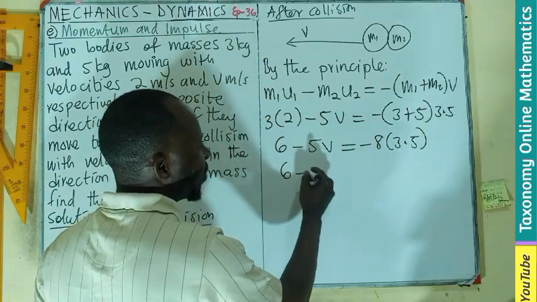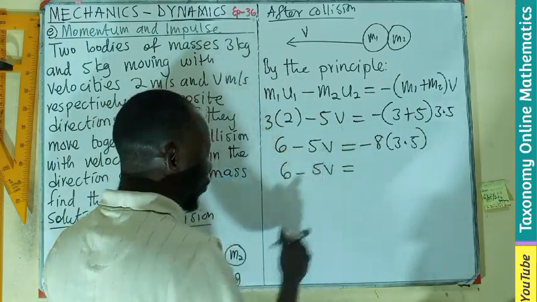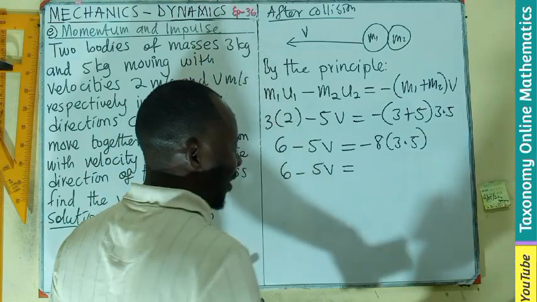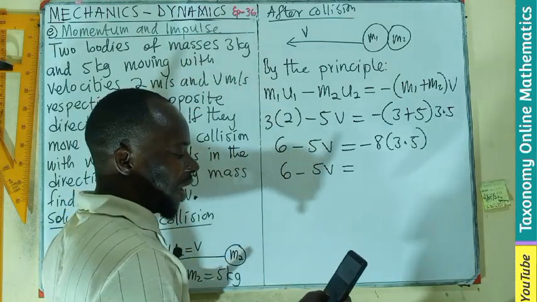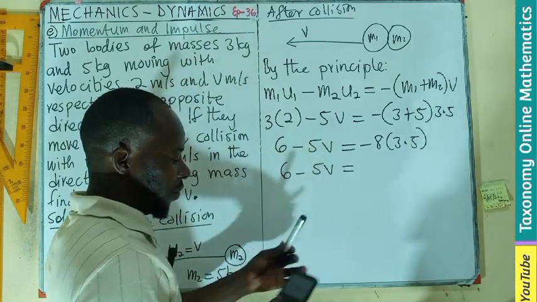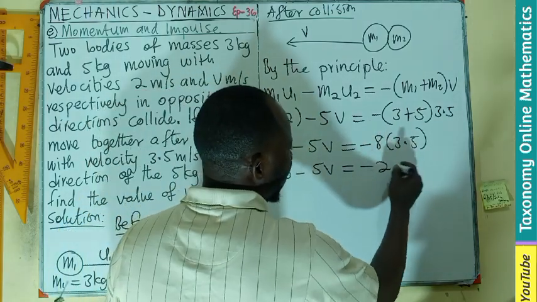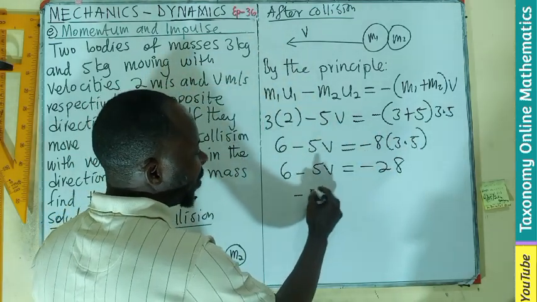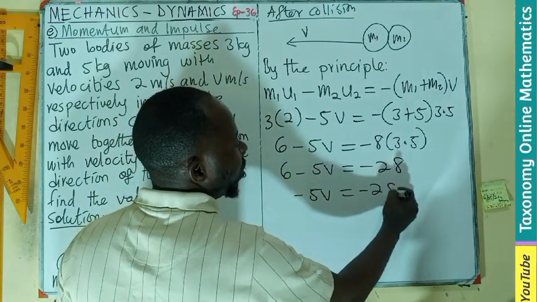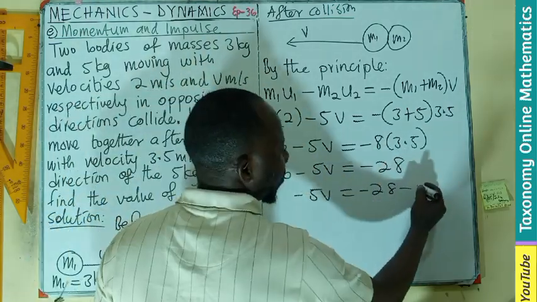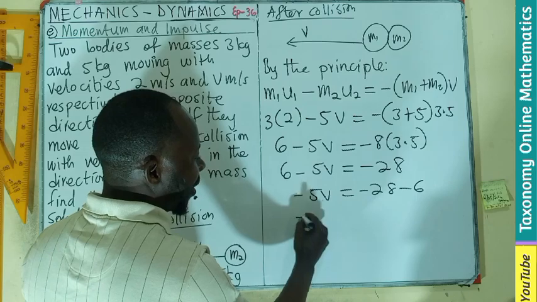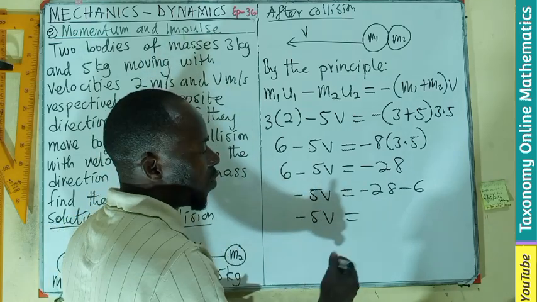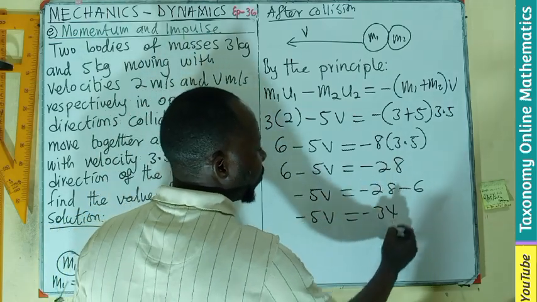And that will give us 6 minus 5V equals to, when we multiply 8 by 3.5, we should be having negative 28. Let's maintain this here as negative 5V, 28. We subtract this. That makes our negative 5V equals to negative 34.